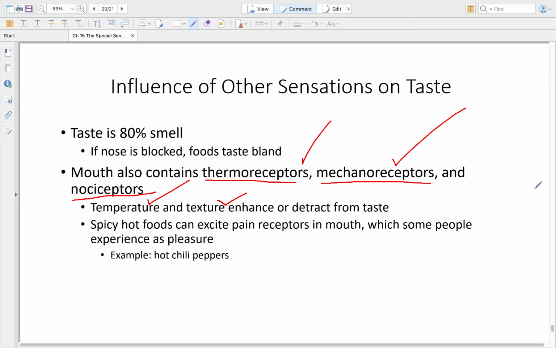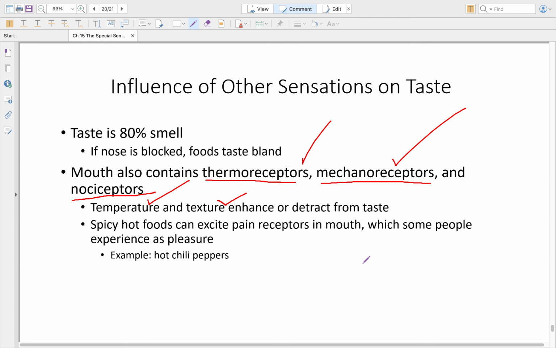And these two things can distract us from taste. If it's too hot or too cold, the taste is not going to be processed correctly. If the texture is off, that can also affect how the process of taste will be initiated to the brain. Spicy foods can excite pain receptors in the mouth, and that is where the burning sensation comes from.